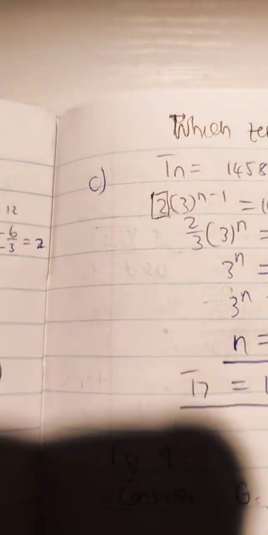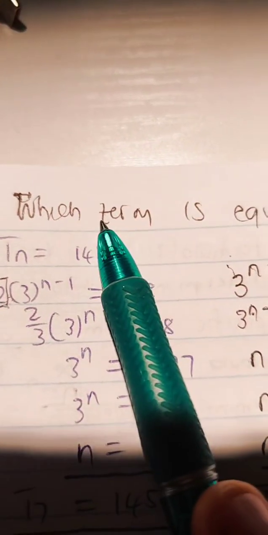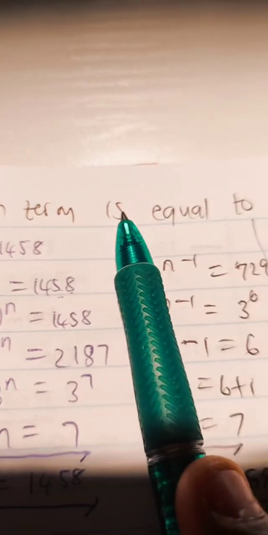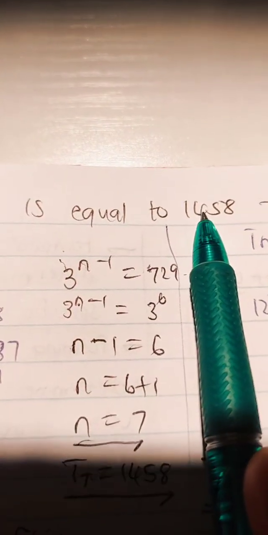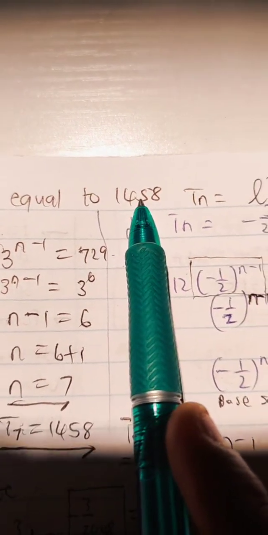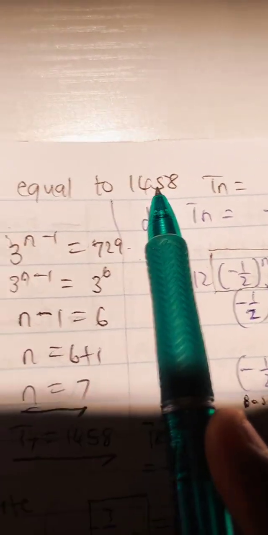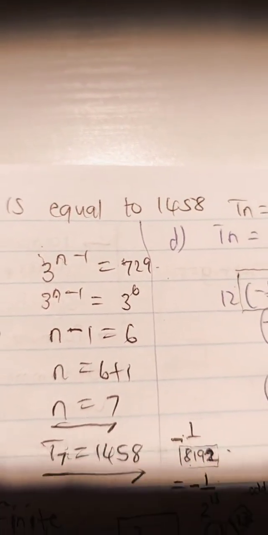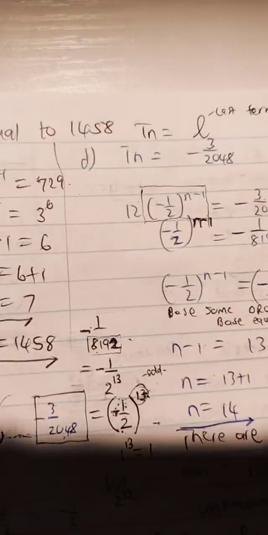All right, let us now look at the next question. In the same question, it says which term is equal to 1,458. It is asking us which term is equal to 1,458.